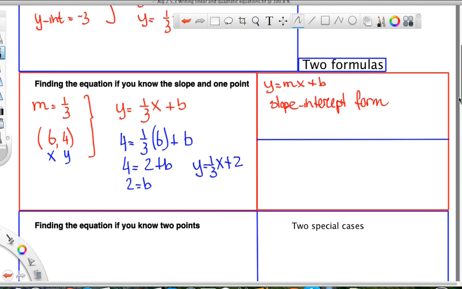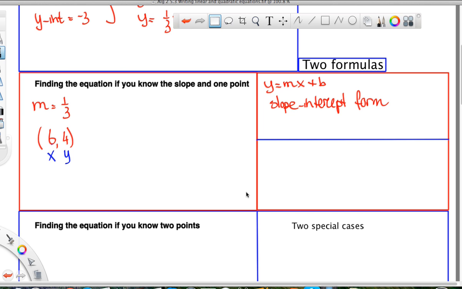We can do this also by using a different form. So let's say that we're still working on this problem. You can also use this form of a line, and this is commonly known as the point-slope form of a line.